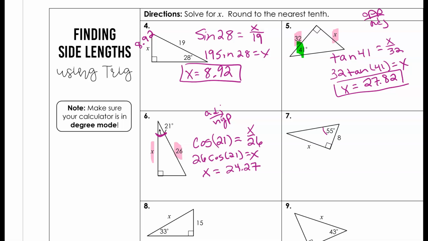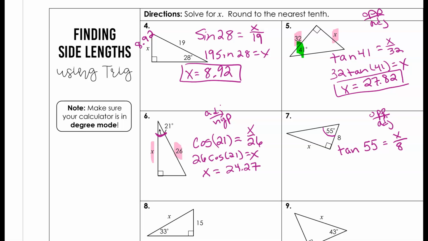Next scenario, 8 over x. X over 8, opposite over adjacent. That's given to me, so that means I'm dealing with tangent. So tangent of 55 degrees is equal to some value for x over 8.